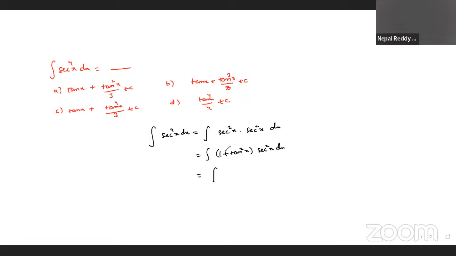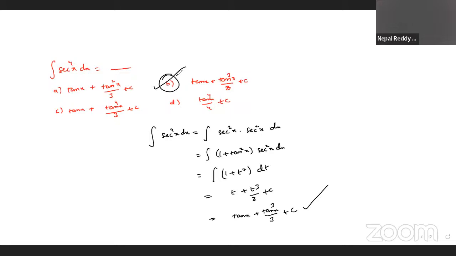Now, when you write tan x equal to t, secant square x dx becomes dt. The integral of 1 plus t square is t plus t cube by 3. The value of t is clearly tan x. Next, tan x plus tan x whole cube divided by 3 plus c. Therefore, option B is the right answer.